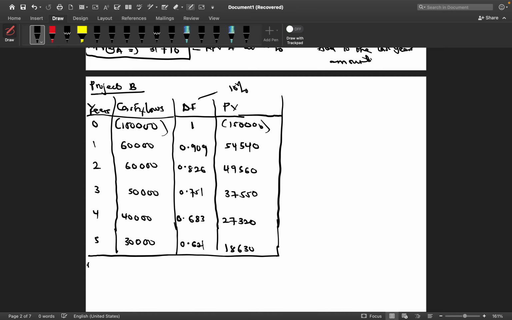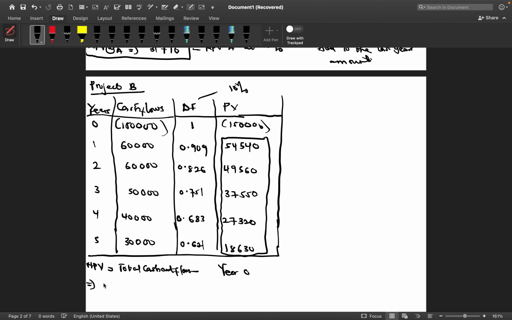Now the formula for NPV is the same thing: the total cash inflows minus year 0. So for total cash inflows, you add from year 1 to the last year, year 1 to year 5.